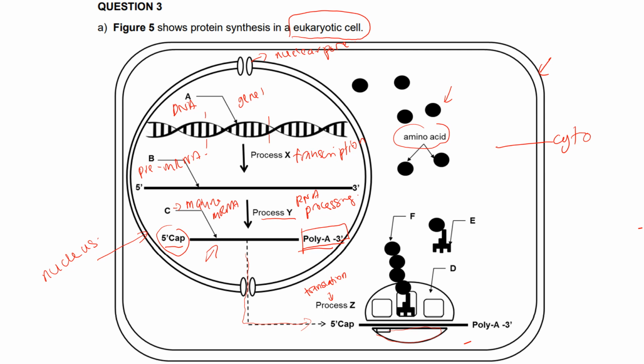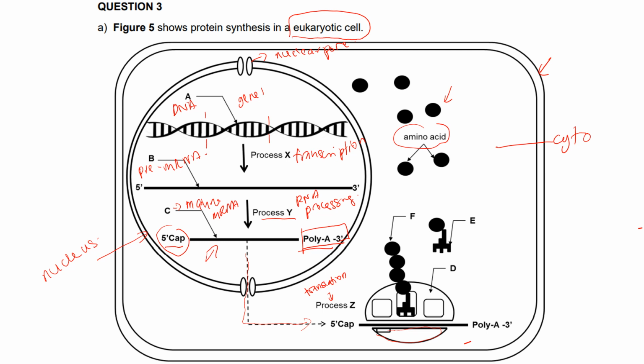After the mRNA has attached to the small subunit of the ribosome, an initiator tRNA that brings the first amino acid, methionine, will bind to the start codon on the mRNA.